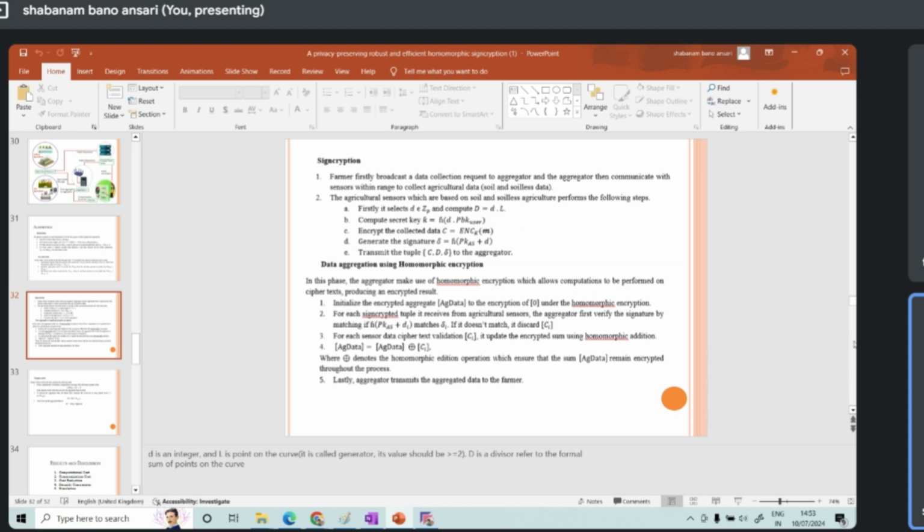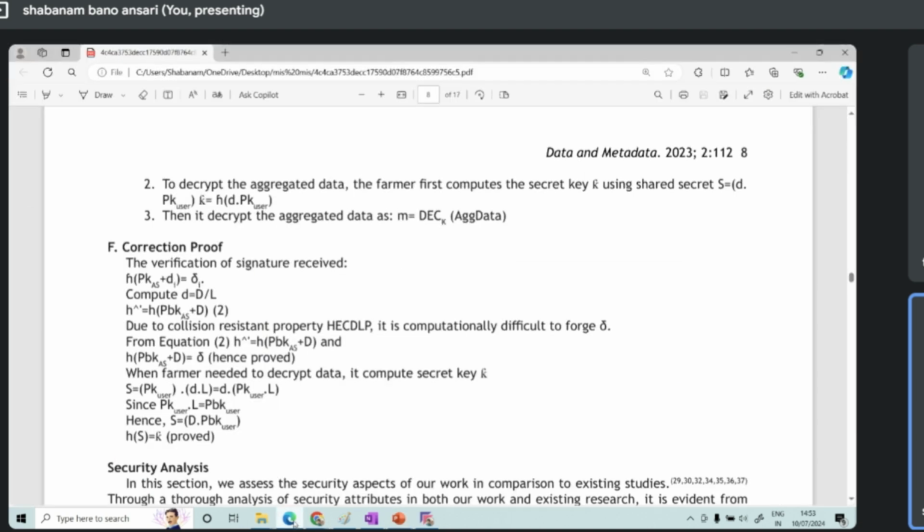During the proof, the farmer needs to decrypt data. For that he needs to compute the secret key. So he will use his private key, he will use D and he will use L, because all this is known to the farmer also. He will multiply these three terms and then rearrange it.